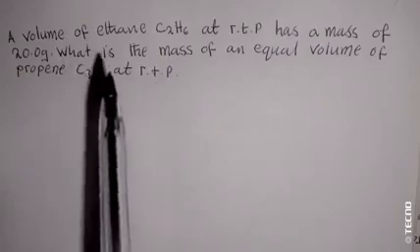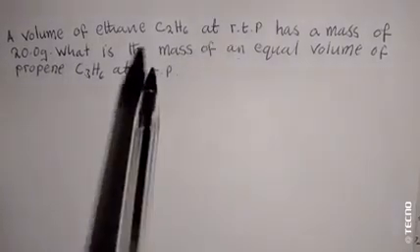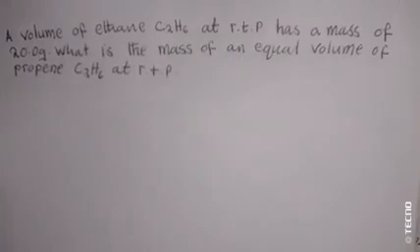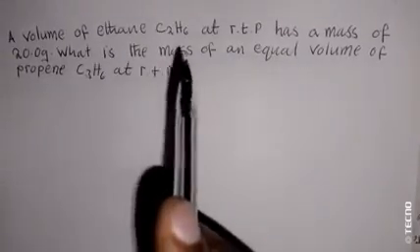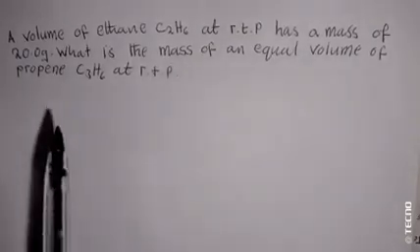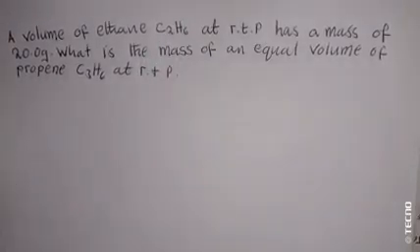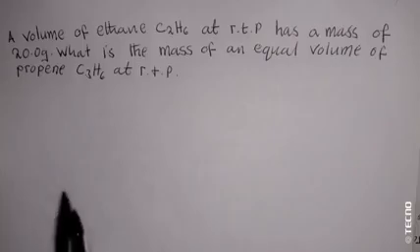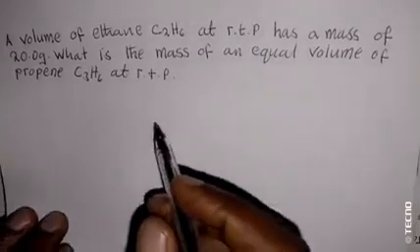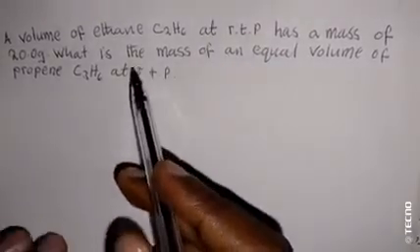Okay, so what we need to understand here is that the volume of ethane is equal to the volume of propene. They've got an equal volume at RTP. First, we're going to work with what we have been given.